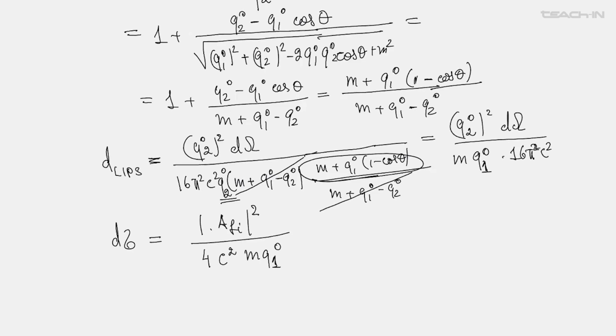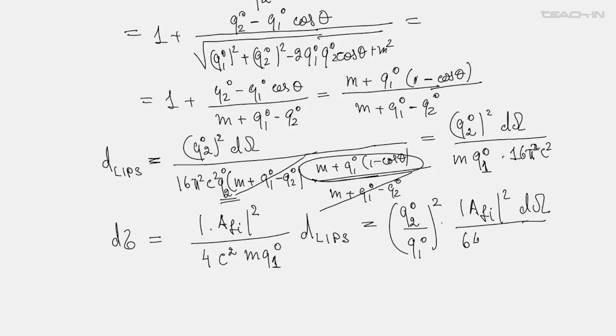And then if we substitute this d ellipse, we obtain the following nice formula: Q20 over Q10 squared multiplied by the modulus squared of the amplitude, d omega, and then 64 times 16 pi squared c to the power 4 m squared. This is how the sigma looks.